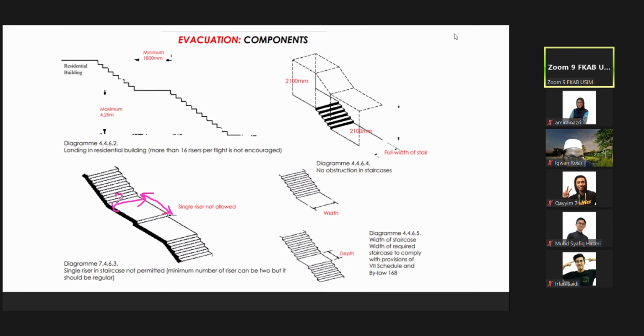Let's say this is 2 meter. And the landing here has to be 2 meter as well. This is the minimum. Don't forget this. And after 15 steps, or step number 14, you must break with a landing. This is landing.